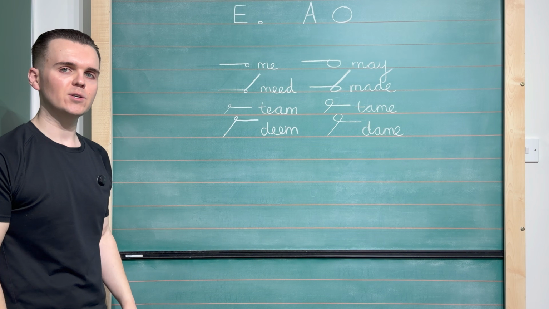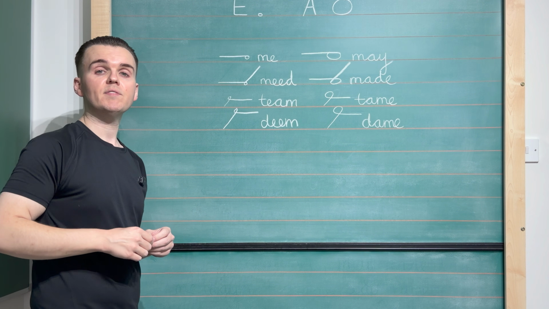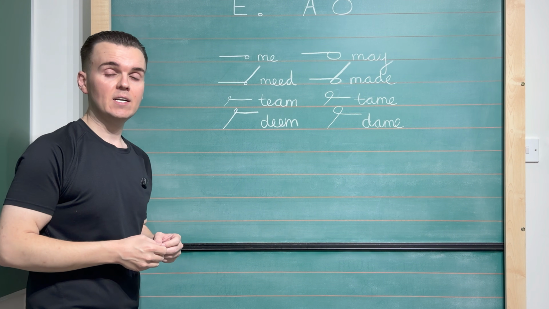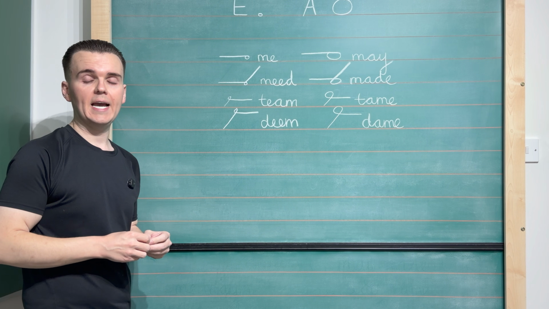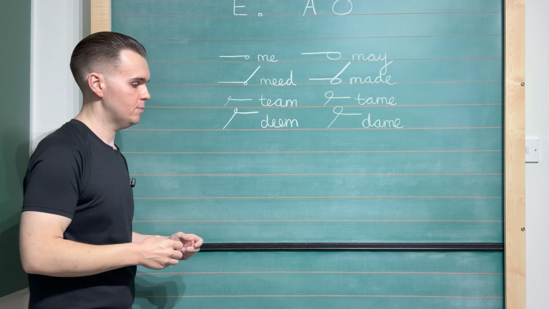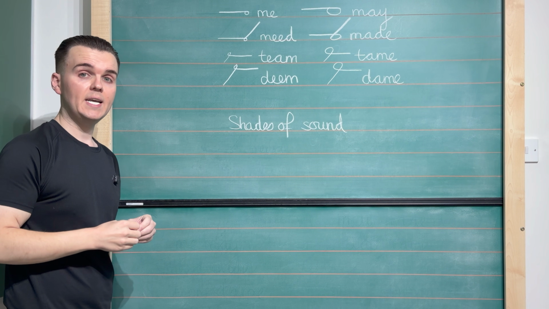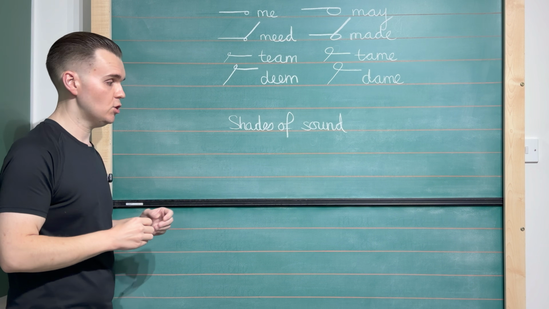It's a larger circle than the E to represent A. So now we've covered the signs for E and A in Gregg Shorthand. I'd now like to talk about the shades of sound of those two vowels and how we represent them in Gregg Shorthand if required. So what do I mean by shades of sound? Well, in English we have 3 sounds of A, which I'll demonstrate now.